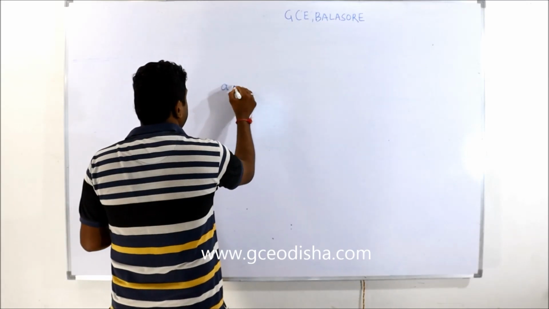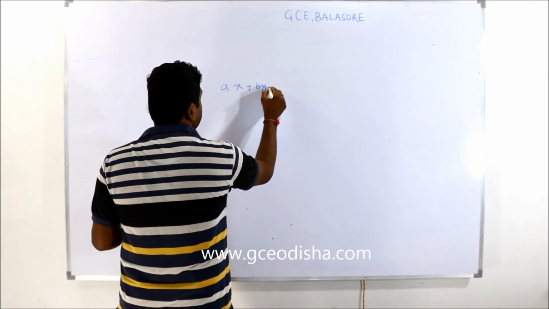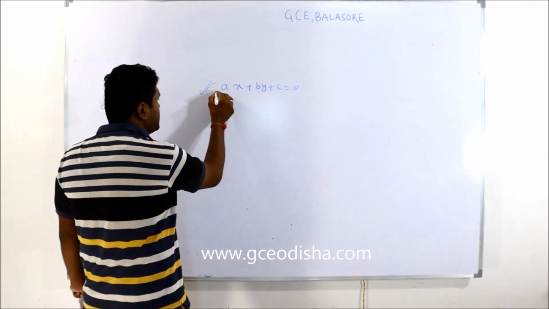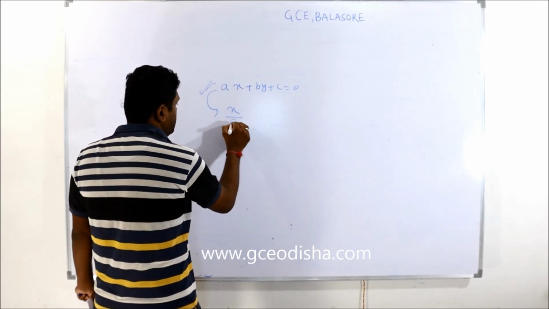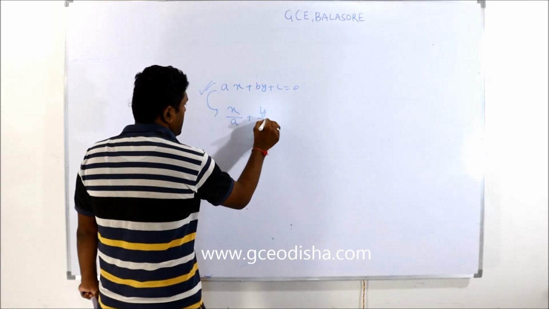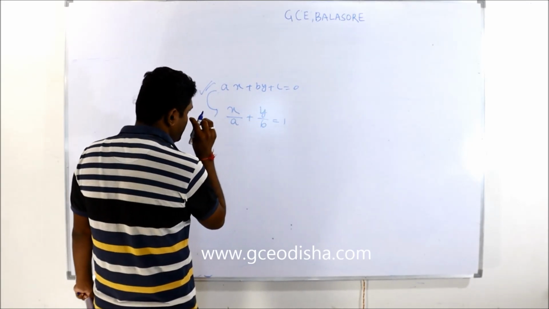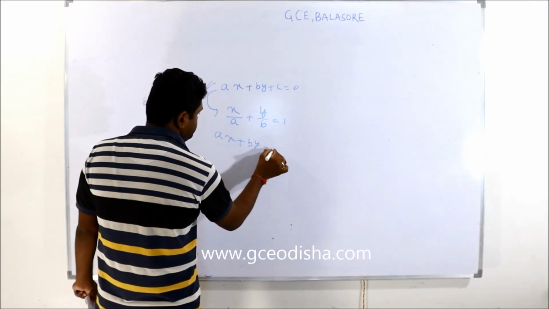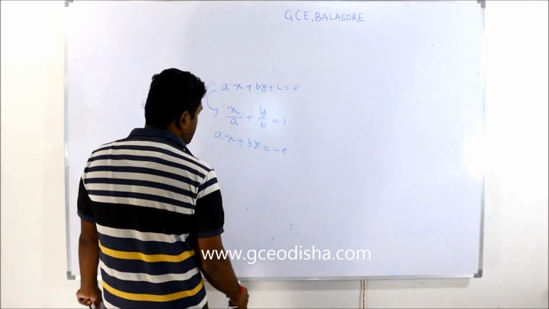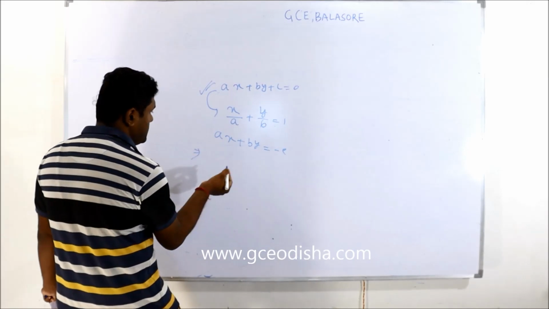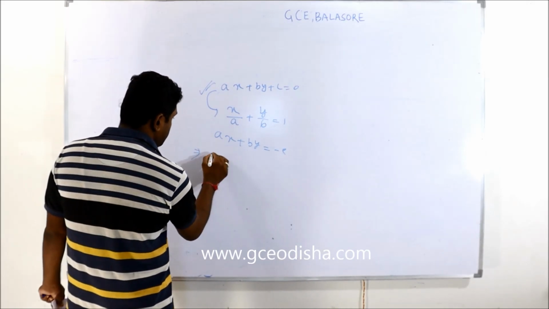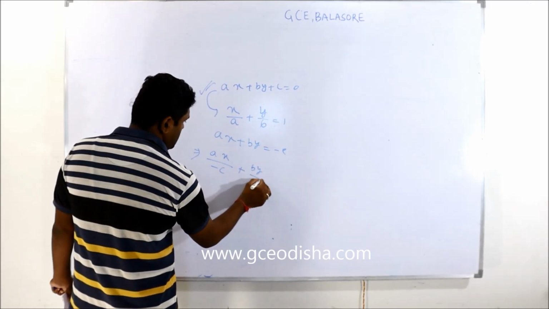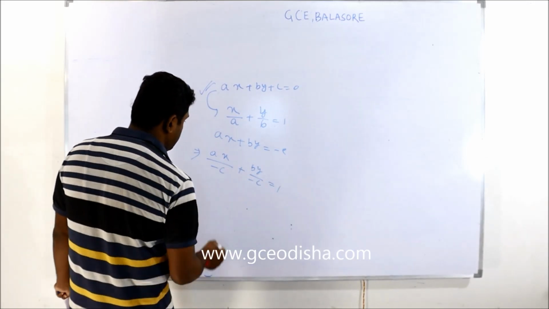Like if the equation is given as ax plus by plus c equal to 0, this is the generalized form, and they ask you to find the form in terms of the intercept method, x by a plus y by b is equal to 1. Then just do that: ax plus by is equal to minus c. Divide by minus c: ax by minus c plus by by minus c is equal to 1.